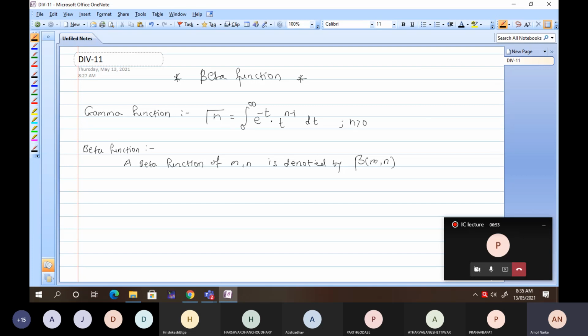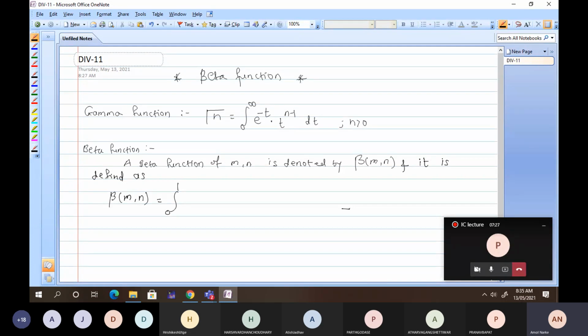It is defined as: beta of m comma n is given by the integration from 0 to 1. In gamma we have 0 to infinity and only one variable, that is n.